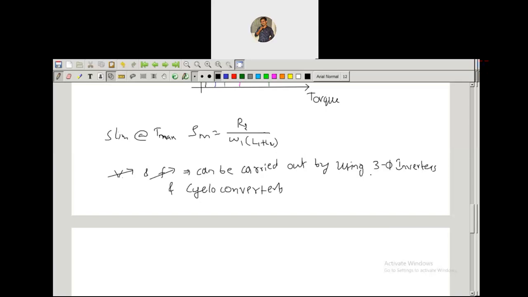That is, we use the three-phase inverters and cycloconverters to get variable stator voltage and variable stator frequency for the induction motor. That means we connect these inverters and cycloconverters in between the power supply and the induction motor, so that we can get variable voltage and variable frequency characteristics.